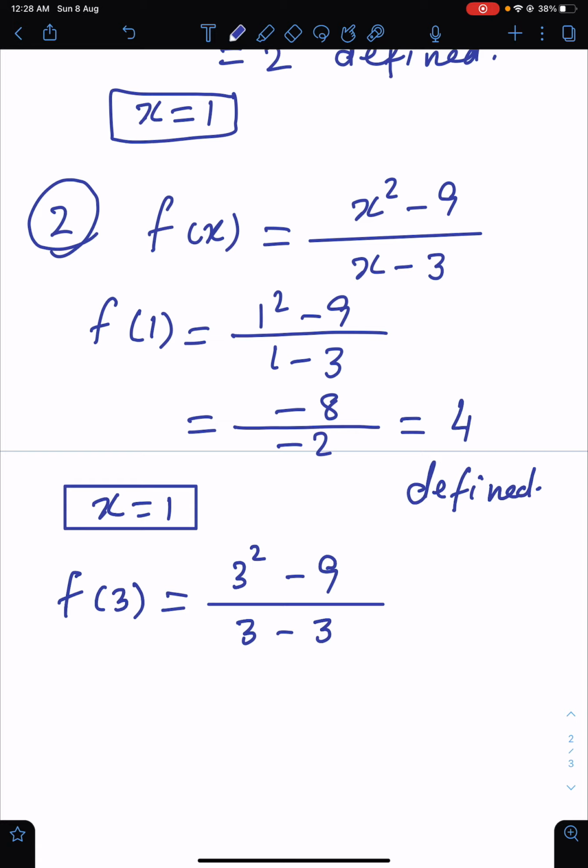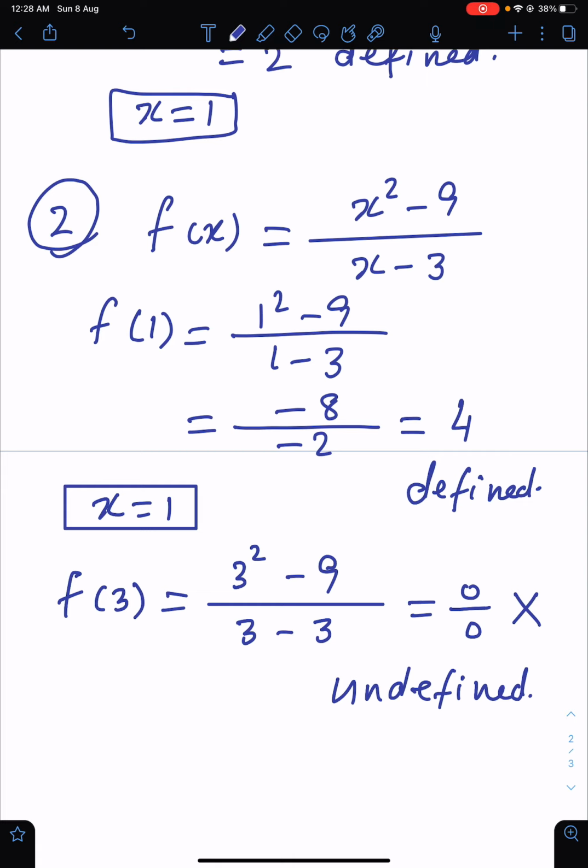So in this case, we're going to get 0 divided by 0. And this one is undefined, so it's forbidden. So when x equals 3, f of x is going to be undefined. Therefore, f of 3 is undefined.